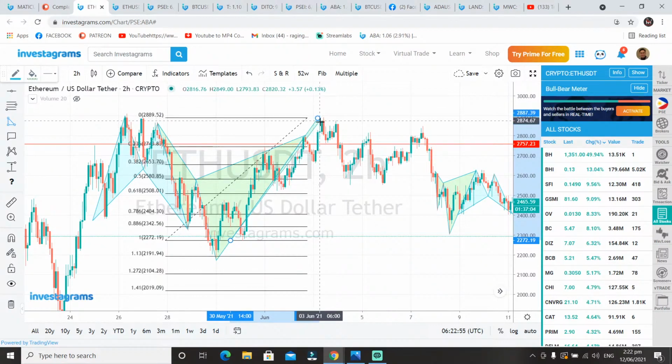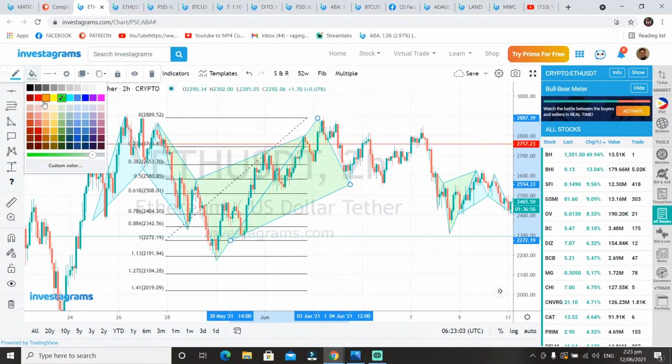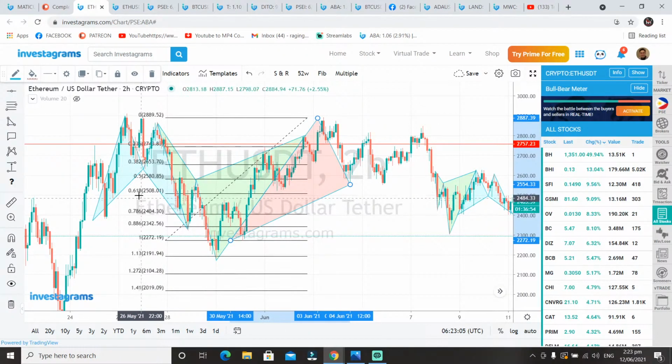Then we have this. This is already valid, and I'll change this color to red. So we have one pattern here, and we actually profited in this one.